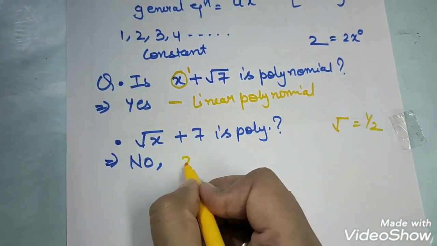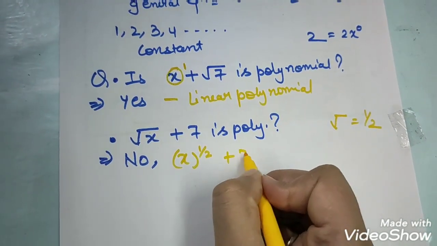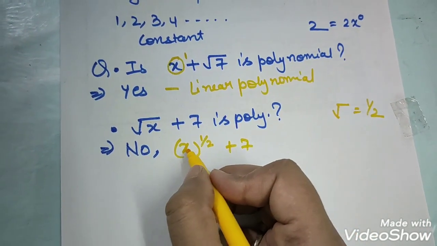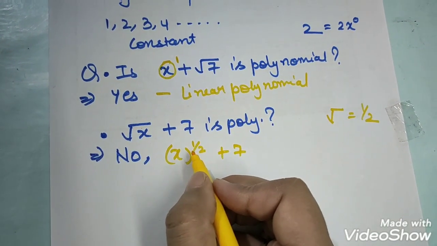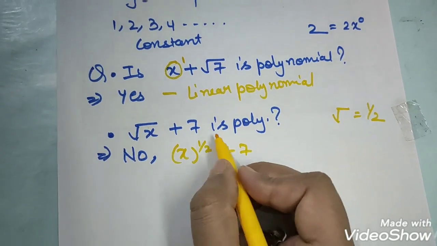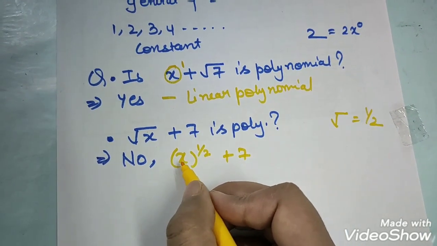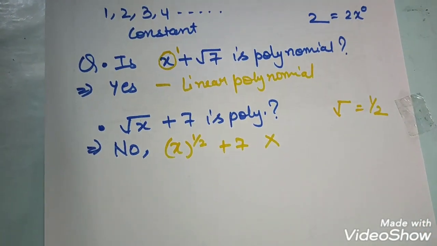That is, it can be written as x to the power 1 by 2 plus 7. Here the power of the variable is 1 by 2, and a power of a variable in a polynomial cannot be a rational number. So therefore it cannot be a polynomial.